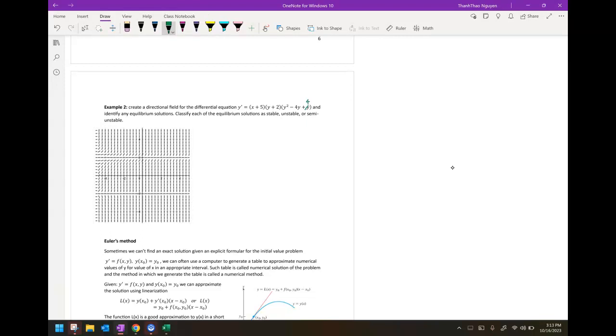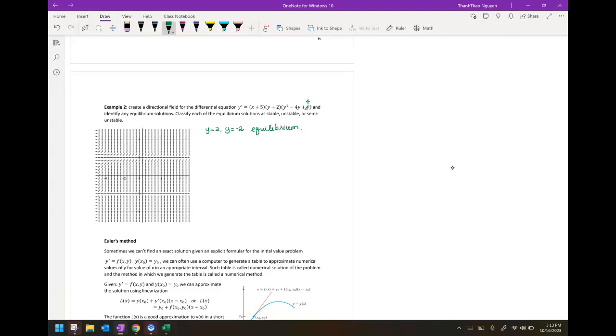Okay. Now here you can see that y equals 2 and y equals -2 are equilibrium solutions.